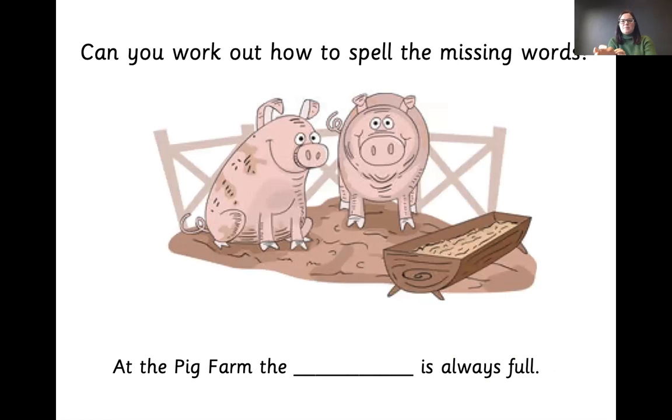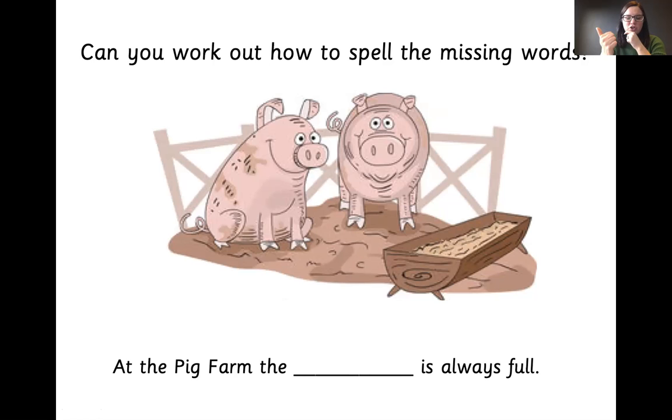Can you work out how to spell the missing words here? At the pig farm, the something is always full. Anybody know what this is here? Now this is called a trough.